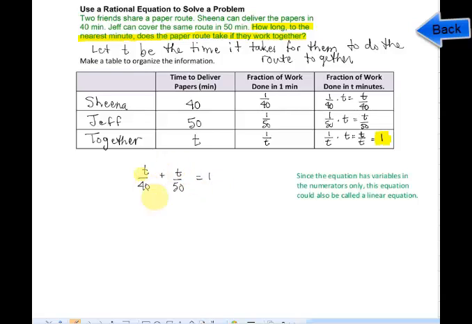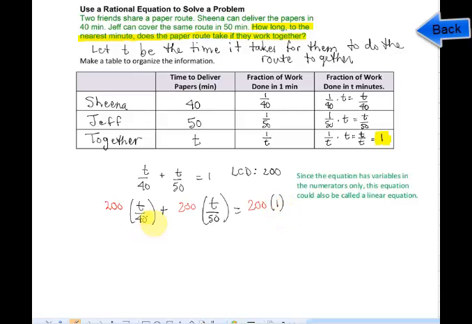So as you can see, we have a rational equation. Our LCD is 200, so we're going to multiply every part of our equation by 200. So 200 times t over 40 plus 200 times t over 50 is equal to 200 times 1.